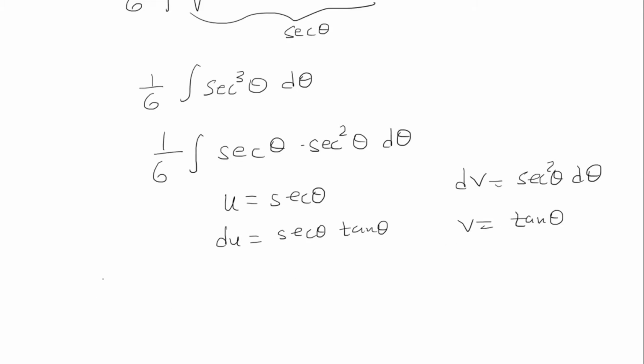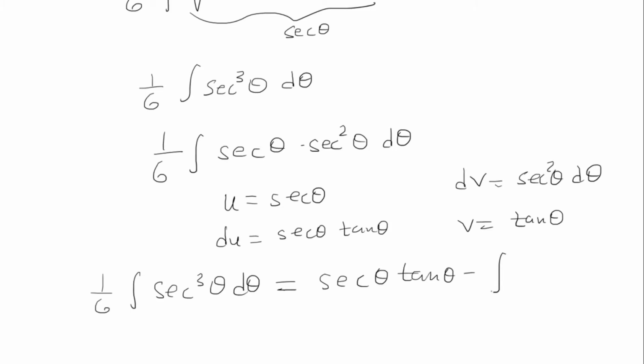Okay, so now I have 1/6 integral of secant cubed is equal to the integration by parts, which is uv minus integral v du. So that will be secant tangent squared d theta.